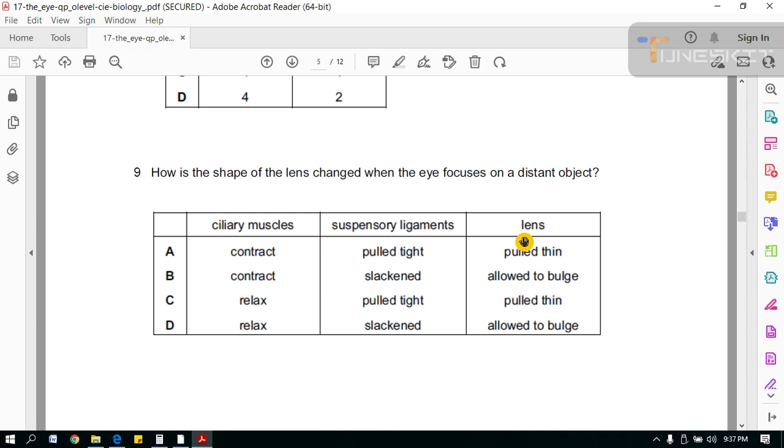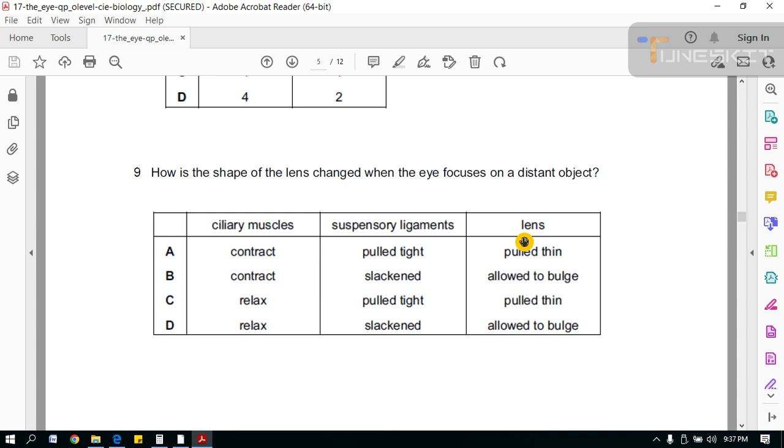When ciliary muscles relax, suspensory ligaments pull tight, right? And as a result, the lens is pulled in. It means option C is correct here.